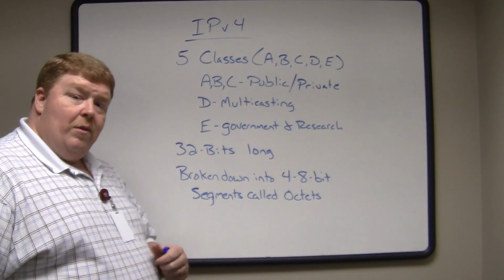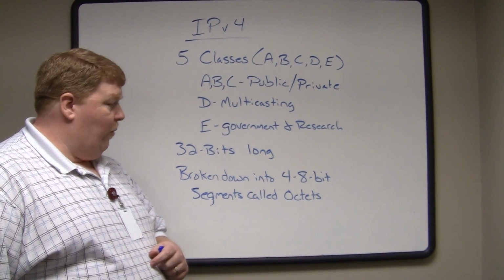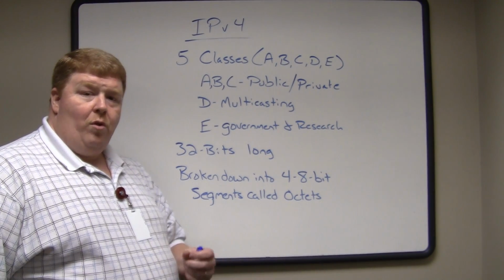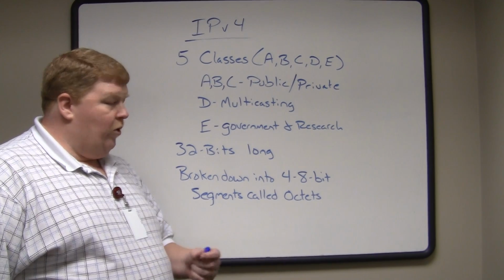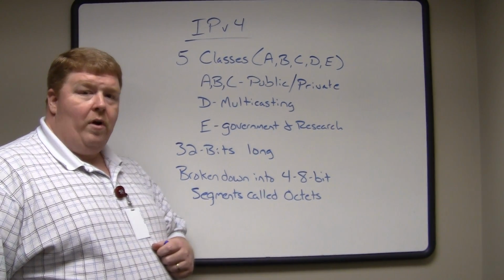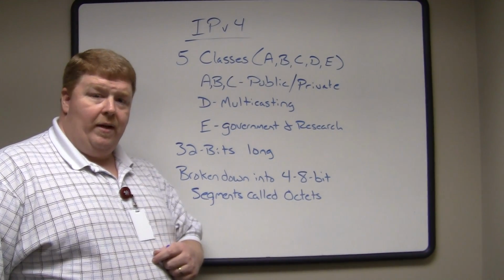And those ones and zeros are broken down into 4 8-bit segments that we call octets. Oct, of course, means 8. And so you have 8 bits in each section, so we have 4 8-bit octets. 4 times 8 is 32, so that's where you get your 32 bits.